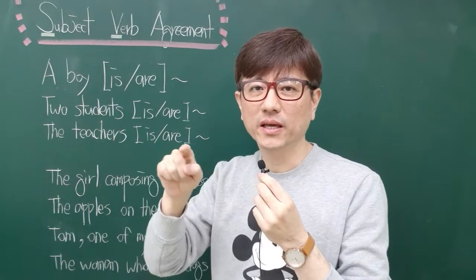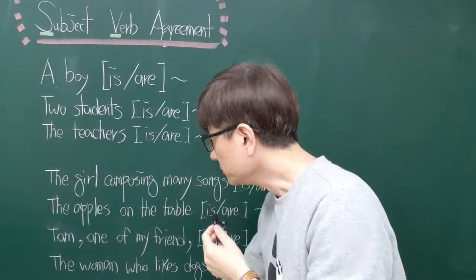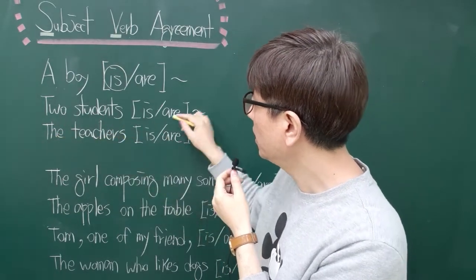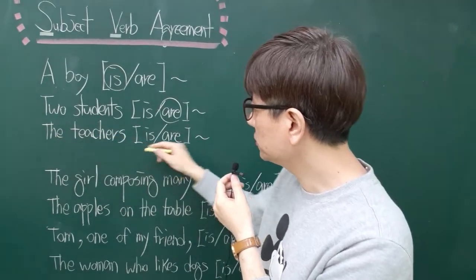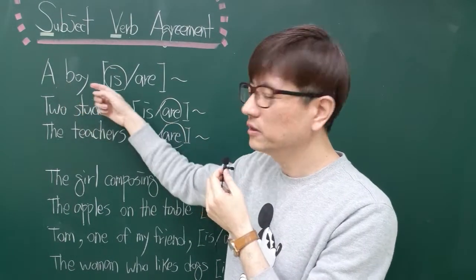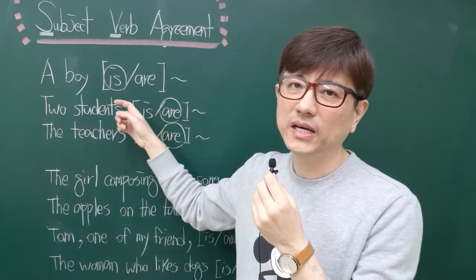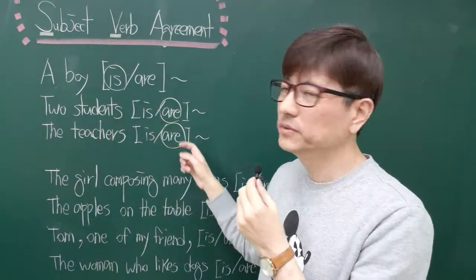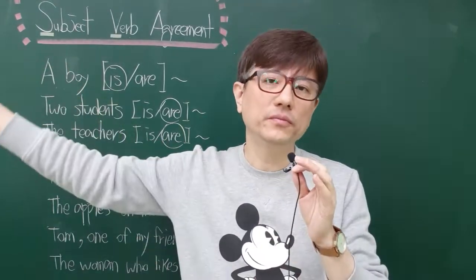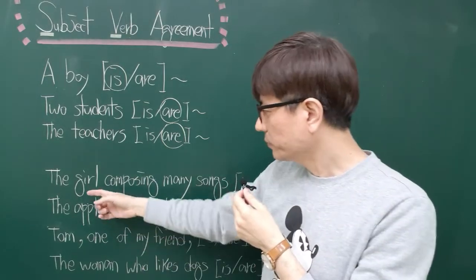When the subject and the verb are close together: a boy is, the two students are, the teachers are. Like this, when the subject and the verb are close together, we can easily pick out the correct form of the verb. But when the subject is situated far from the verb, it might be confusing. So look at this carefully.